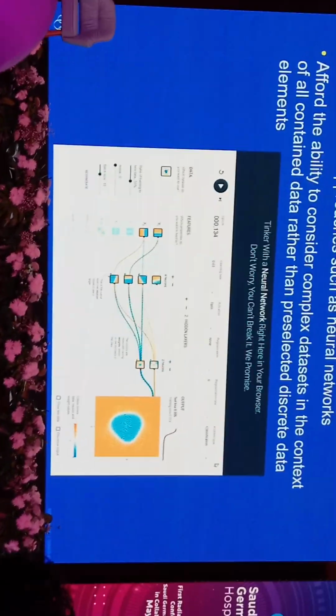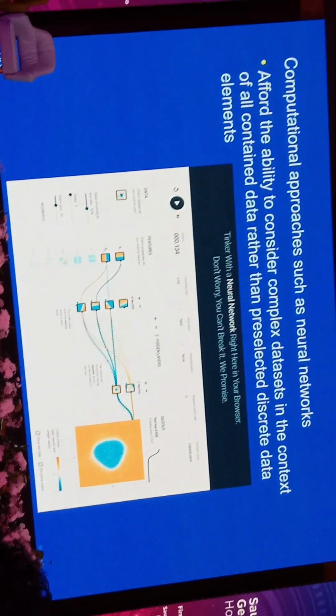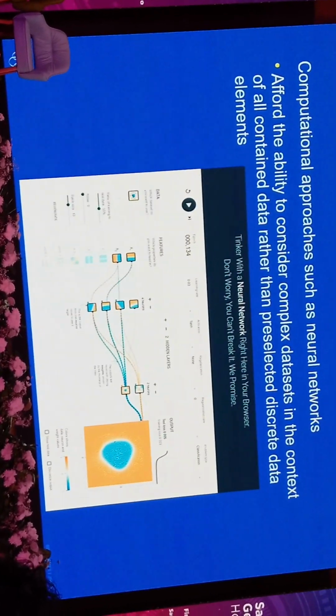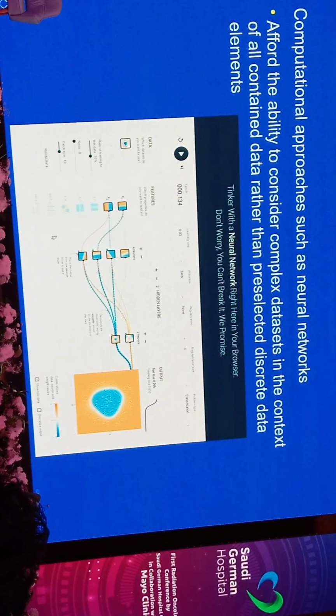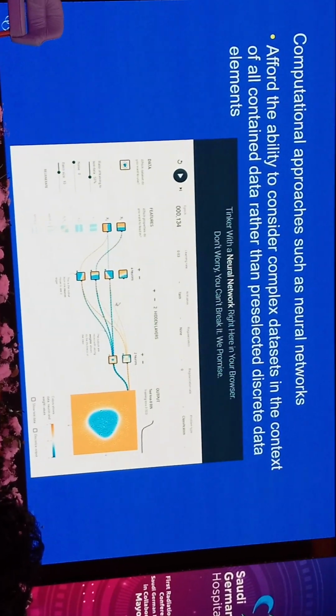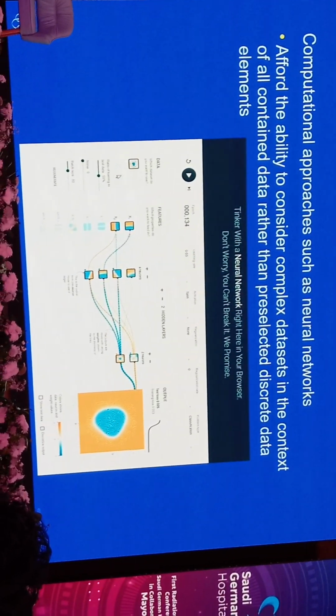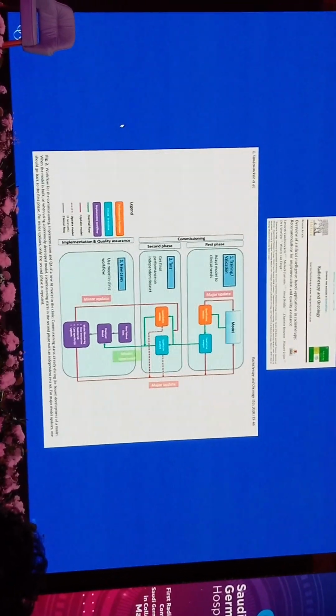So computational approaches such as neural networks are giving us the ability to consider complex data sets, and we don't have to have pre-selected discrete data. And there are even examples that we can play around with to understand what the inputs, nodes, and outputs of a particular model are. And there are guidelines that have come along.